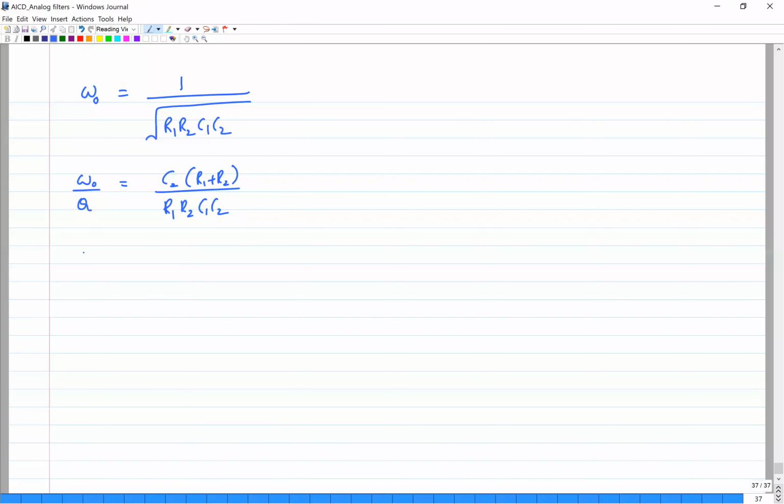Right. So if I want to write Q, I can write Q by cross multiplying this. So Q is actually equal to omega naught, which is this one, by root of R1, R2, C1, C2 into R1, R2, C1, C2 divided by C2 into R1 plus R2.